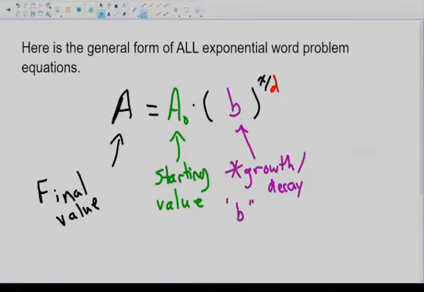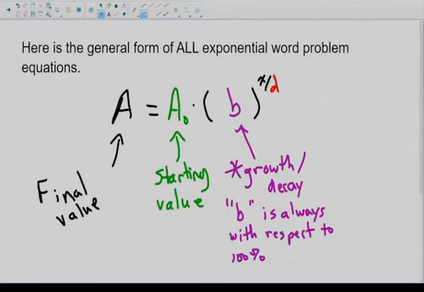B is always with respect to 100%. Okay? That is the most important thing, and you'll see that more in the questions that I'm going to show you as further examples to this.